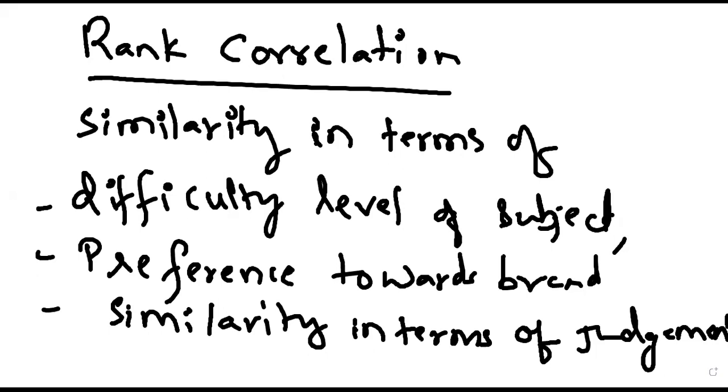Rank correlations are usually applied when the researcher is not able to capture the exact values. Usual correlations are applied where exact measures are given, for example the height and weight of an individual, the age, the total number of individuals.